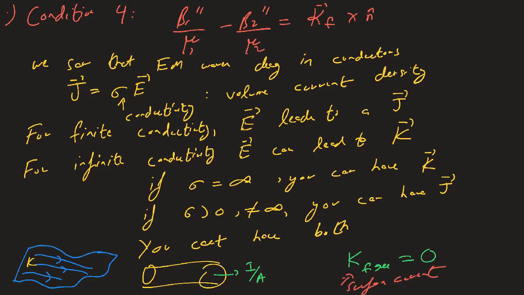Now, moving on, we can express our boundary condition as follows. B1 parallel is equal to B2 parallel. B1 is the sum of the incident and reflected magnetic fields in medium 1.